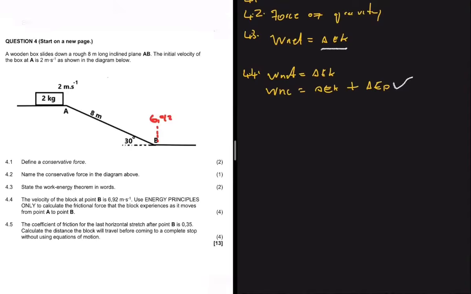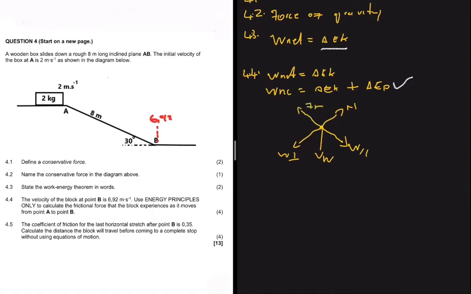So the block is going down. As it is going down, we know that there is the weight, which we can resolve into weight parallel and weight perpendicular. And then we have the normal force and the frictional force.